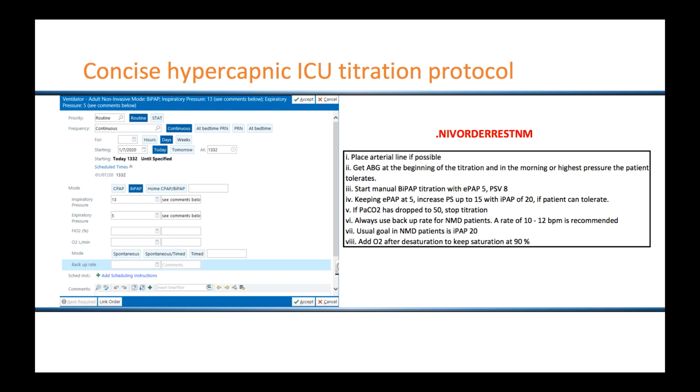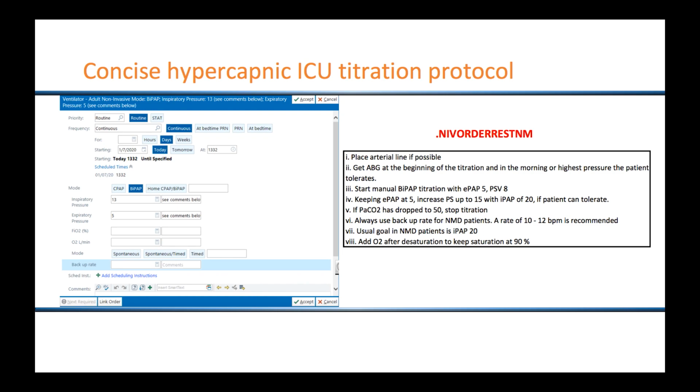If the PCO2 drops to below 50, you can stop the titration. In patients with neuromuscular disease, you always use a backup rate, and you can select either 10 to 12. The usual goal for neuromuscular patients is an IPAP of 20, so it would be 20/5.